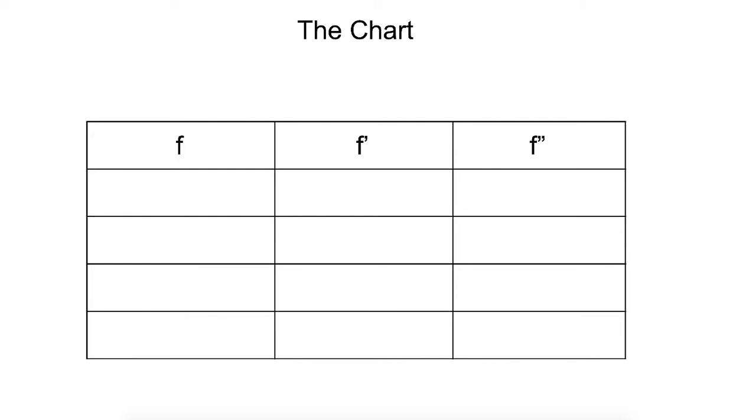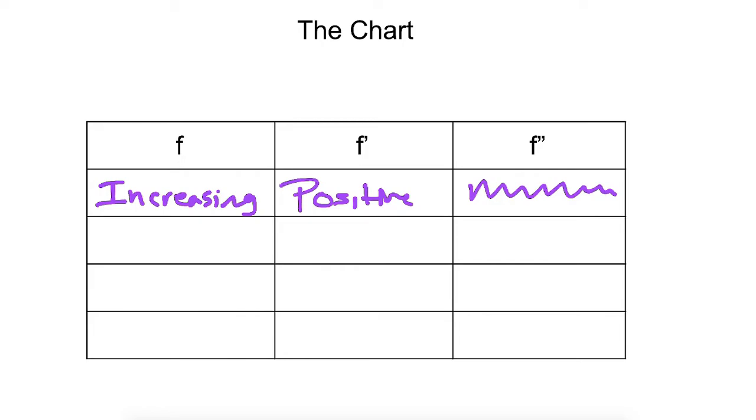But if you're looking at f, and if f is increasing, what that means is f prime is positive during that time. We don't really get anything from f double prime on that.